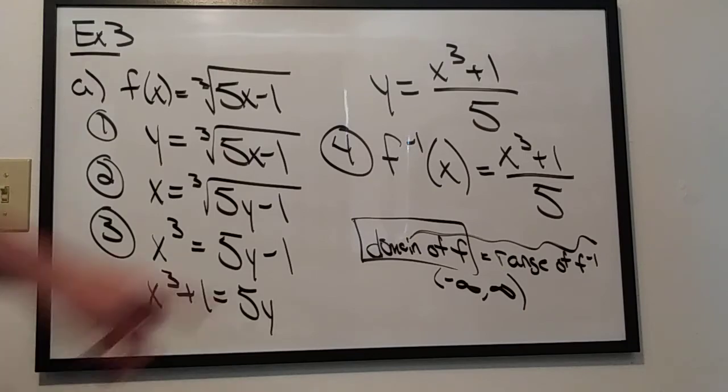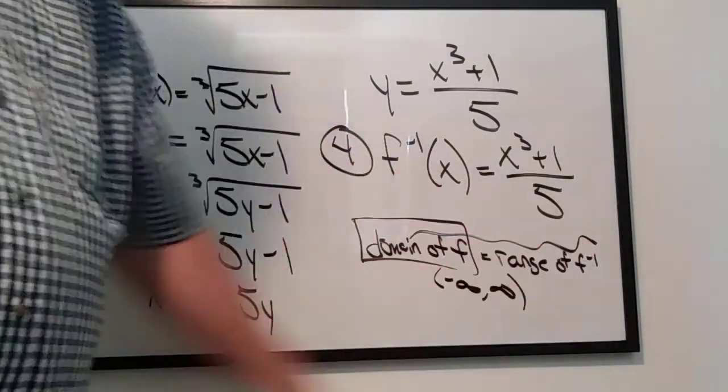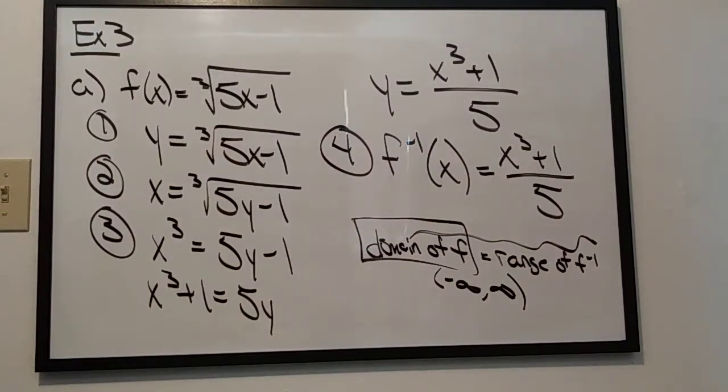Now once again, I calculated in terms of the domain of f, but I got the range of f inverse then for free. The range of f inverse has to be the same set, which means that the range of f inverse is also going to be all real numbers. So now that I have that information, the other two sets that they request are the range of f and the domain of f inverse.